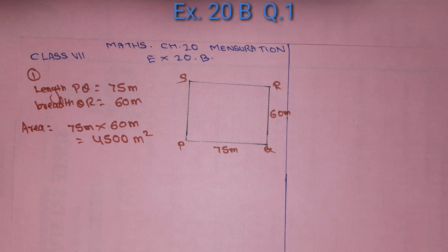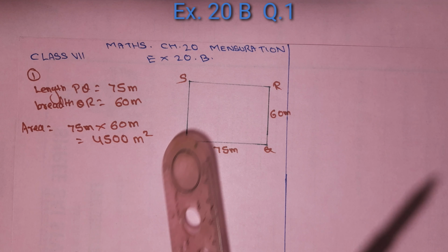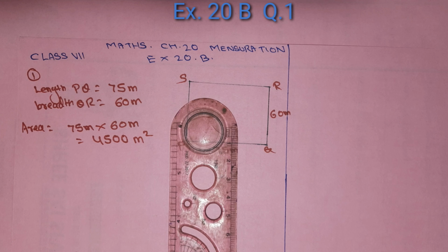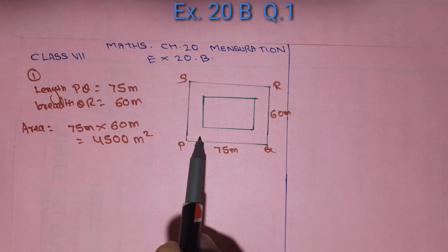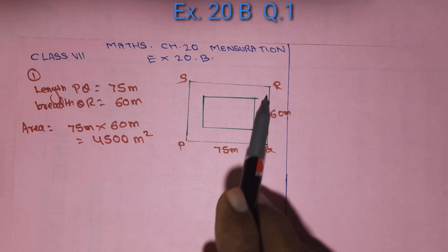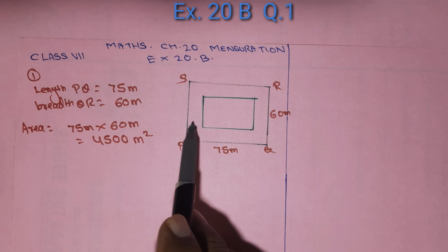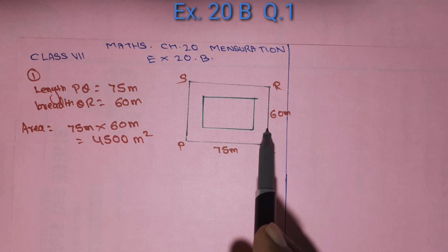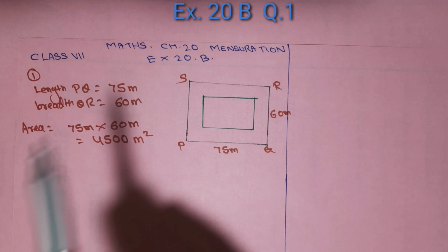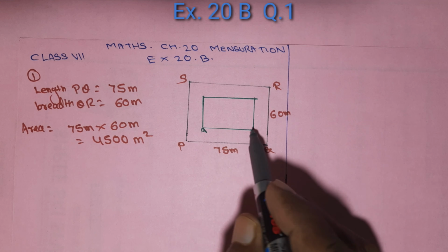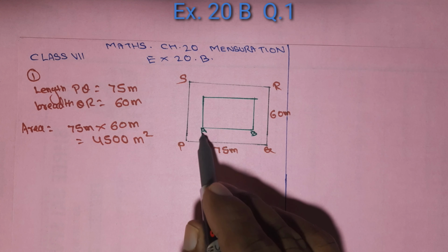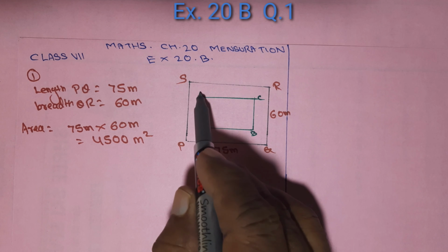So let us draw a path. We get this path of 2 meter wide from all sides. This side is 2 meter, this side is 2 meter, this side is 2 meter, this side is 2 meter. Let us name it as A, B, C and D.